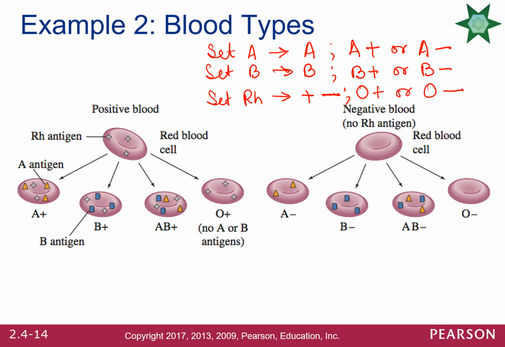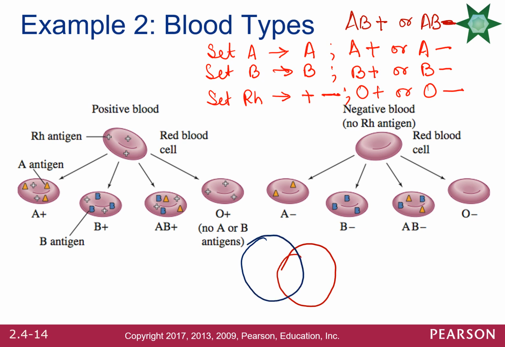Now, we can have combinations of A and B, and for that we can have AB plus or AB minus. That's an additional one.